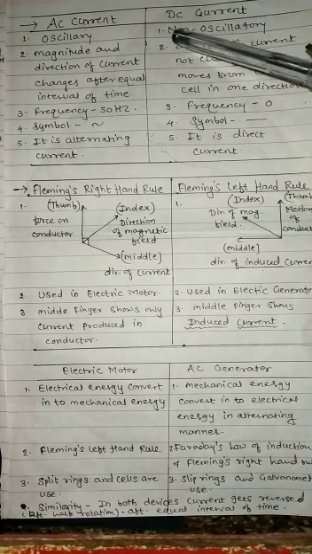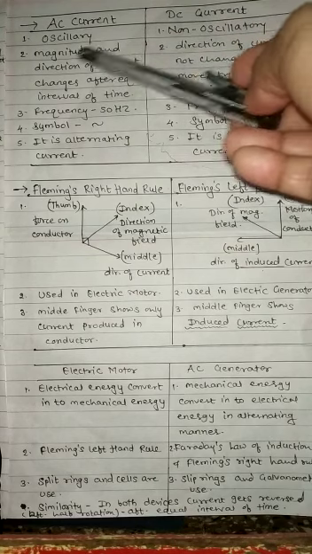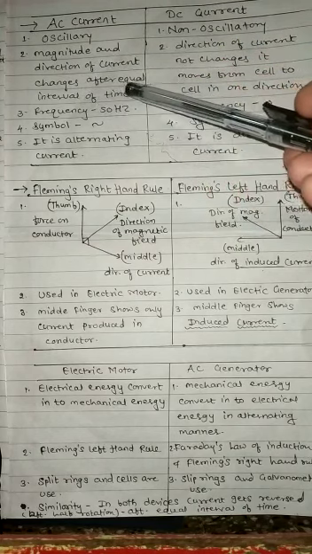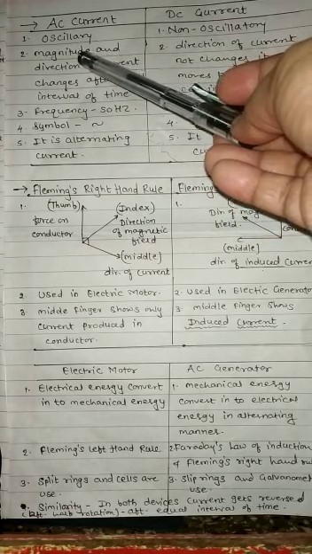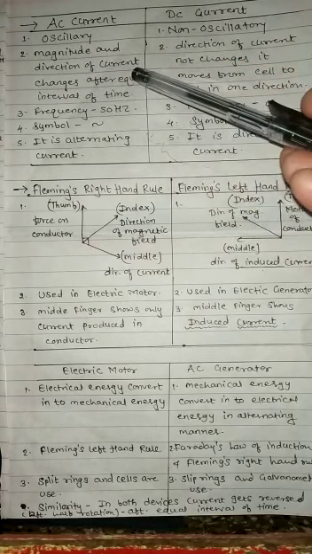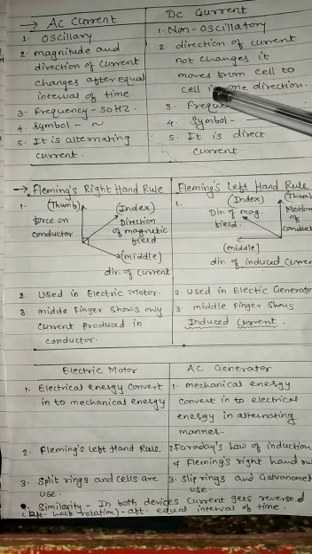DC is stable, that is non-oscillatory current. Second, the magnitude and direction of an AC current change after equal intervals of time. Magnitude means the value of a current. Here in DC current, the direction of current does not change. It moves from cell to cell, one by one, in one direction only.